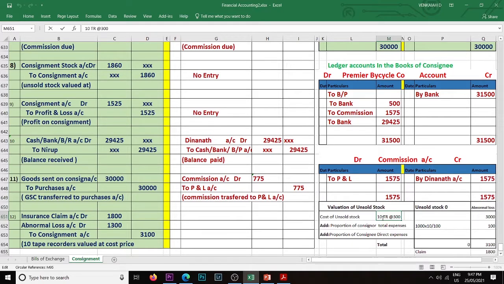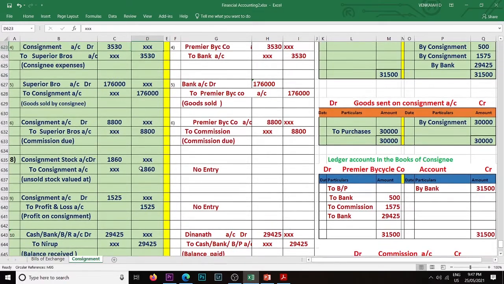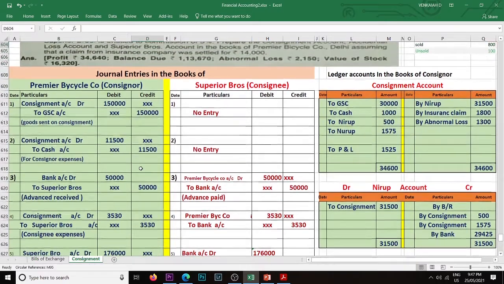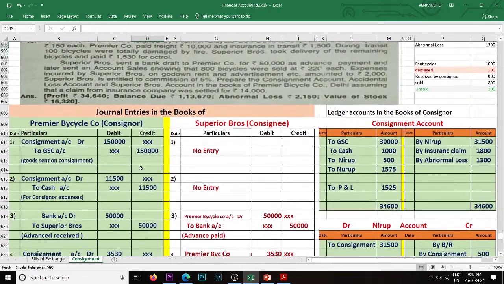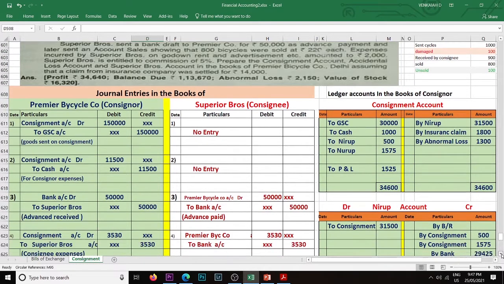Right. 100 cycles at the rate of, each cycle is how much? 150, I think. Am I correct? Yes. 150 each. So both quantity is same.